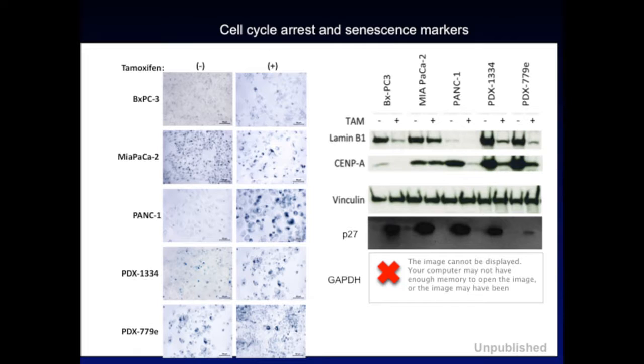What's not here are SASPs that are upregulated by E47. So again, the thinking right now is the cells enter a senescence program, and they may stop in that program at various points.